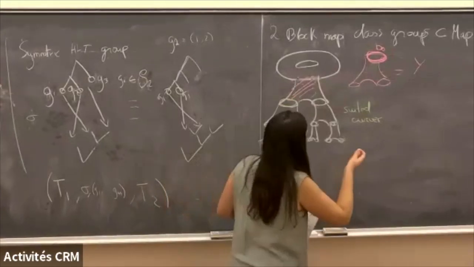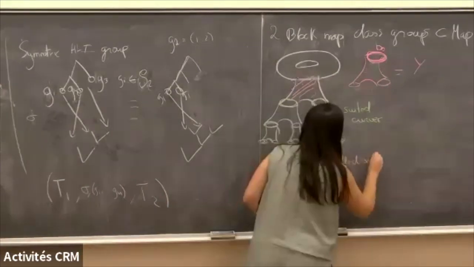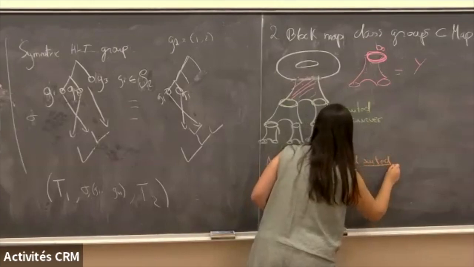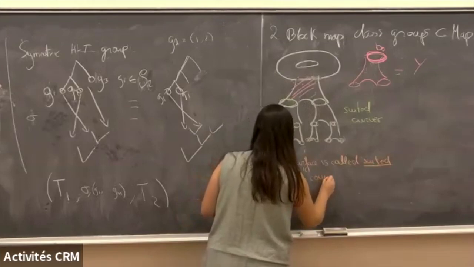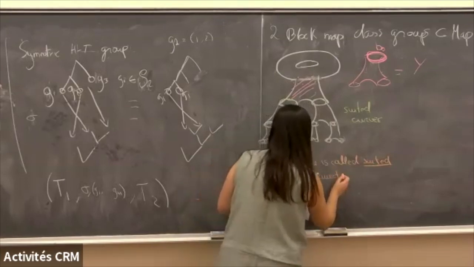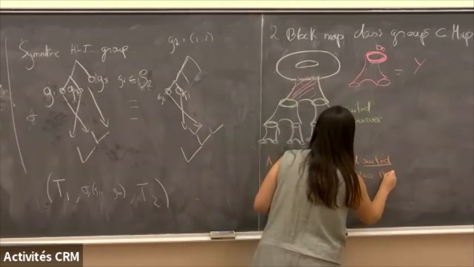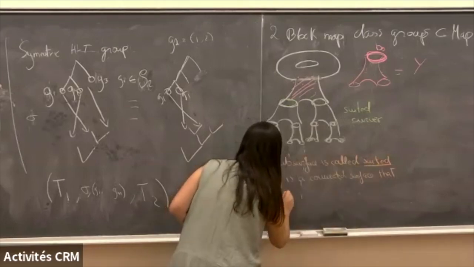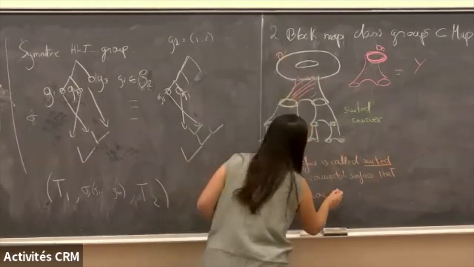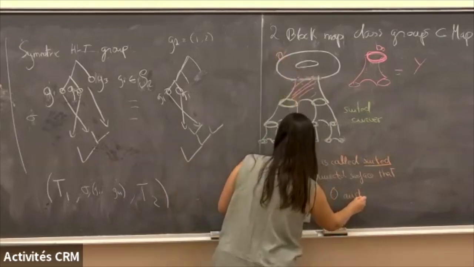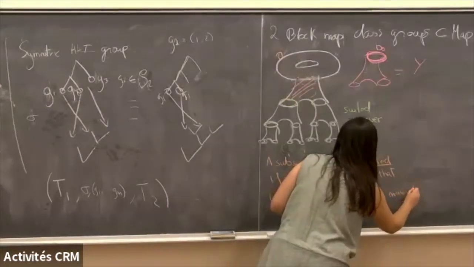So a subsurface is called suited if it is a connected surface that is the union of this one, let's call it O, and finitely many blocks.